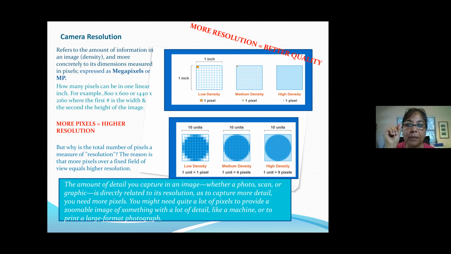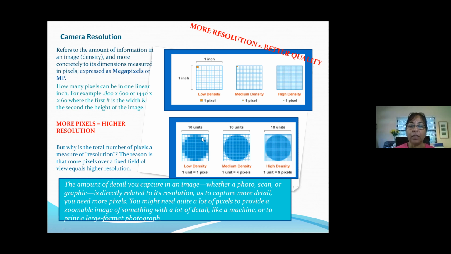So imagine that in one square inch, we are adding more pixels. If you think about the whole length and width of your computer screen, that is how many pixels we will have at the end for your image.